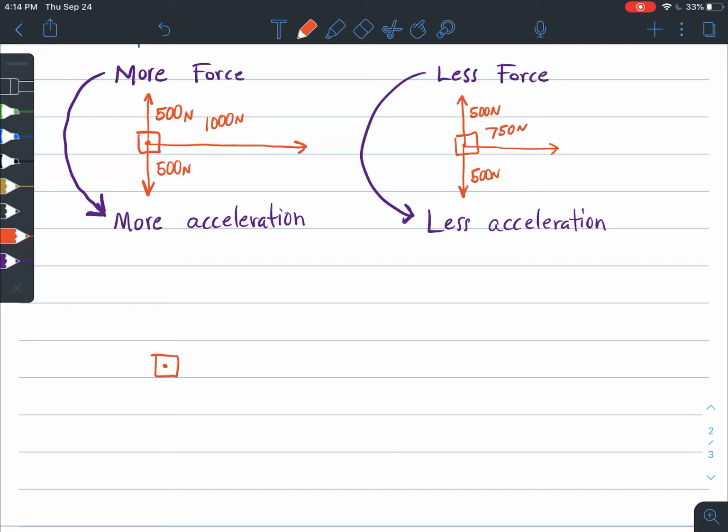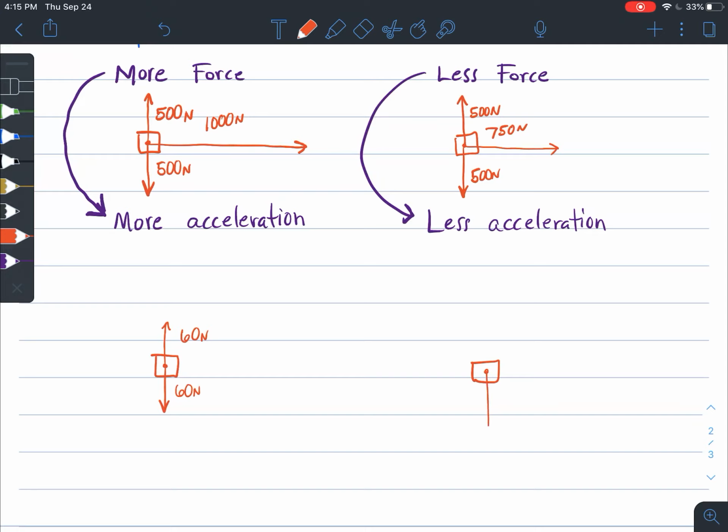So let's use our free body diagram. We will compare it, so we'll draw two of those. This time, let's start by saying that this first one is going to have a force down on the ground of 60 newtons, and it's not falling through the floor. So therefore, the floor is providing an upward force also of 60 newtons. So in this one, we're going to change the mass of this object.